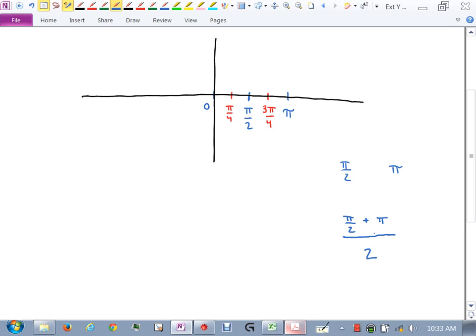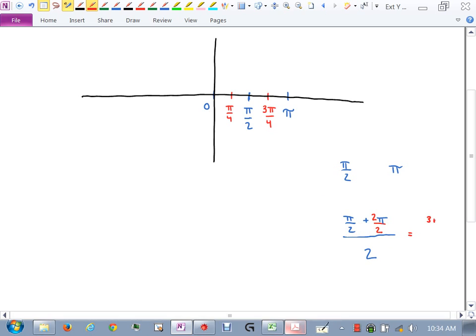If I tell you, you have 2 test grades, find the average, you add them together, you divide by 2. So if you're trying to find the number right in the middle of any two numbers on the number line, you add the two numbers together and you divide by 2. You would have to get a common denominator here, so I could convert that pi into 2 pi over 2. What's pi over 2 plus 2 pi over 2?